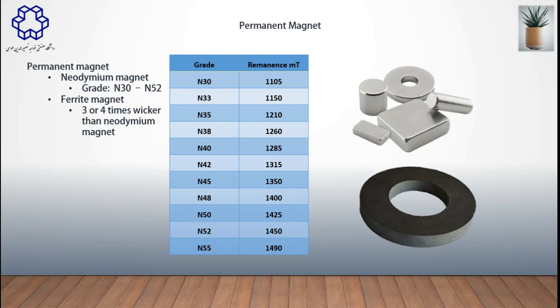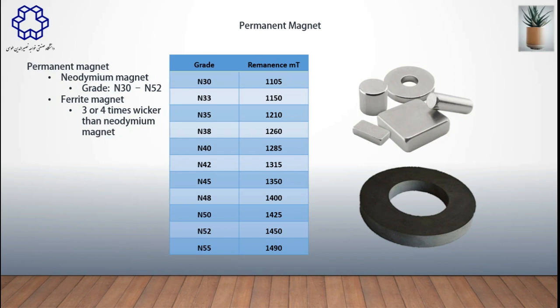We have 2 options for permanent magnets: neodymium magnet and ferrite magnet. Neodymium magnet has grades N32 to N52. It's 1.1 Tesla remanence to 1.49 Tesla for magnets.